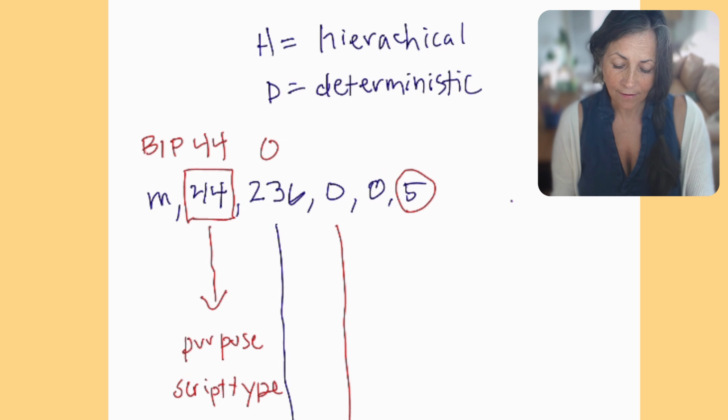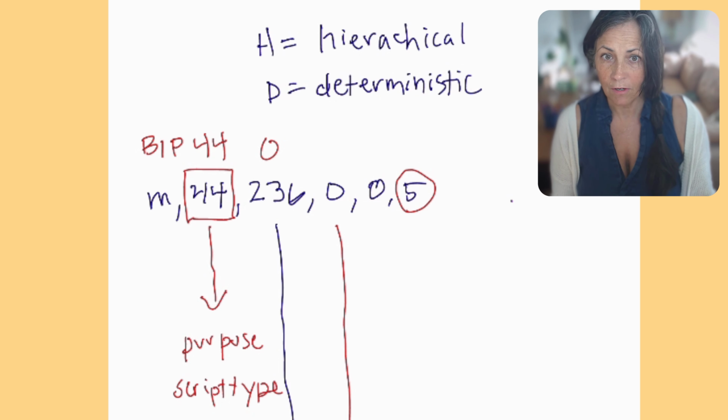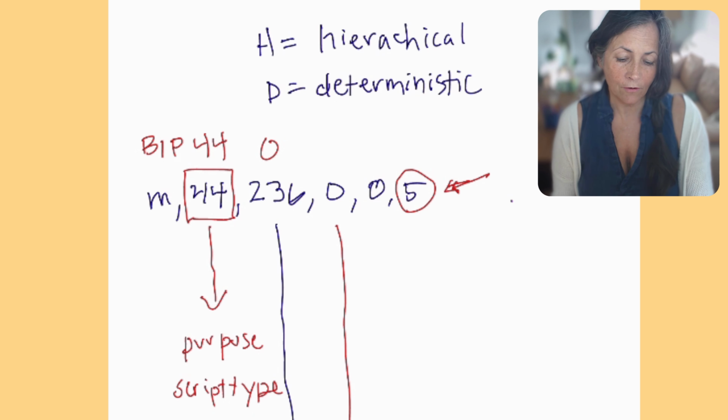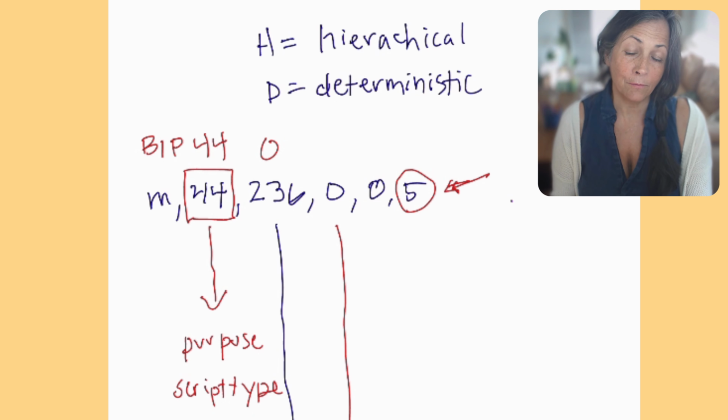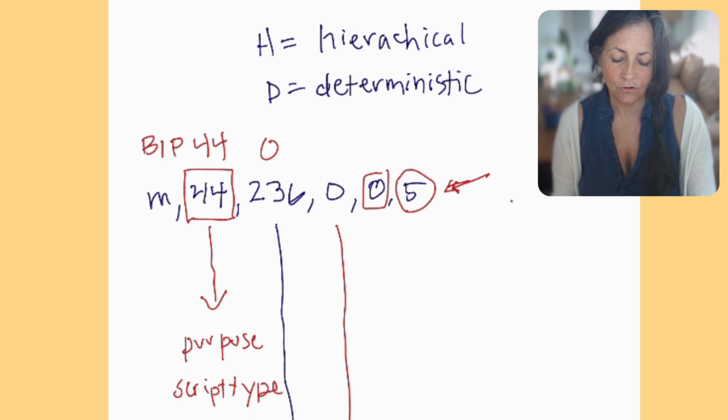So the next is the change or receiving address. The receiving address would be what you give to someone publicly. Send me coin to this address, right? And again, the address is really represented in this last one, but this part shows the tree, whether it's going to be a receiving address or a change address.